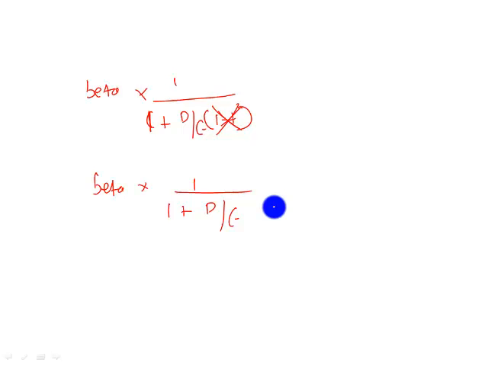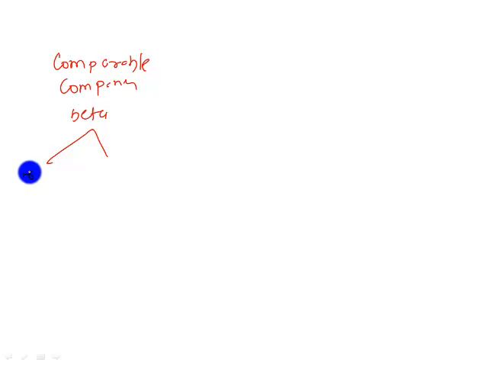Okay, so how are we going to do this? If you have a comparable company, this beta of comparable company is made of the company specific risk, or let's say business type of risk, and leverage risk or financial risk. So you want to remove the impact of leverage, and that's called unlevering. So how do you unlever comparable company's beta?